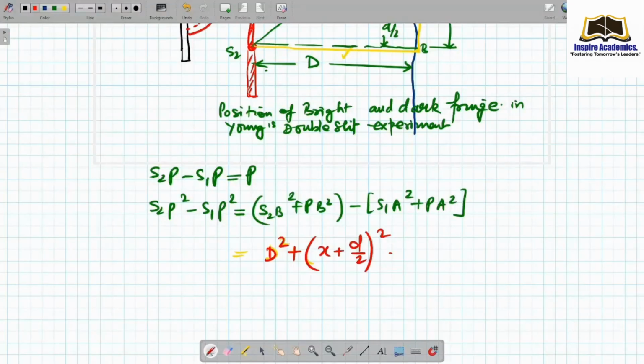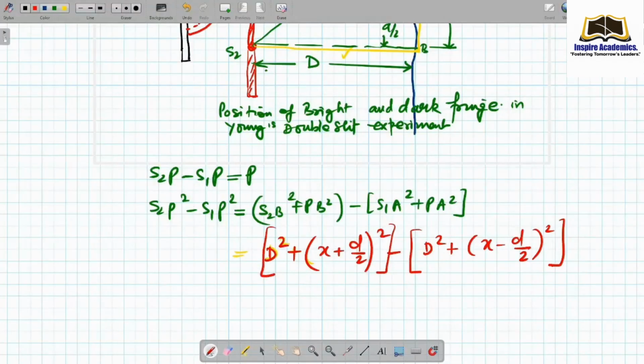Minus d square plus x minus d upon 2 का होल स्क्वायर, ऐसा लिख सकते हैं. एंड इसको भी हम ऐसे लिख सकते हैं.